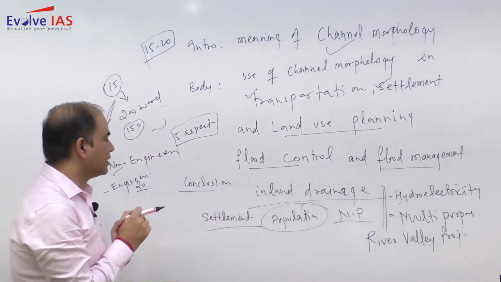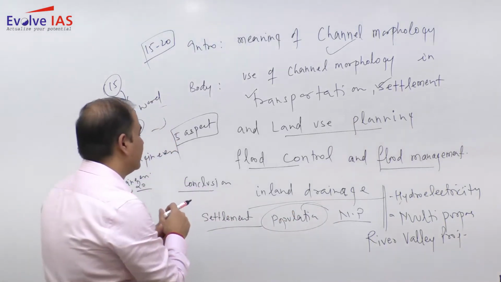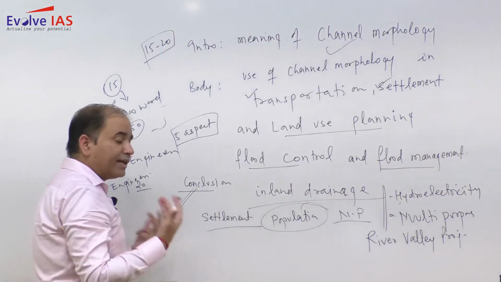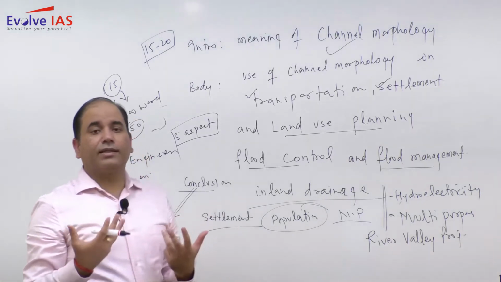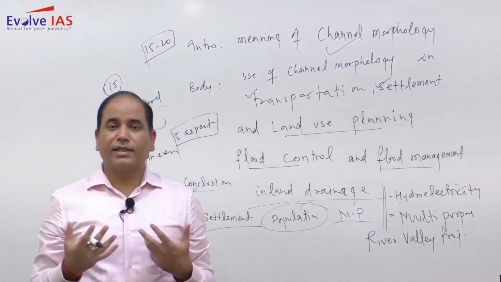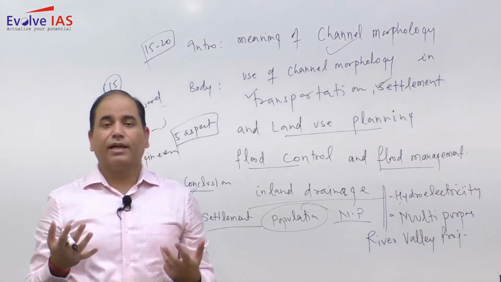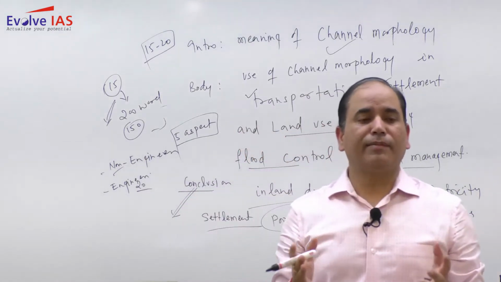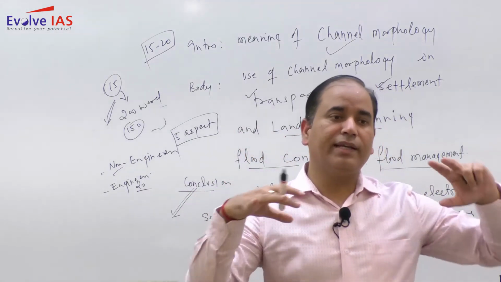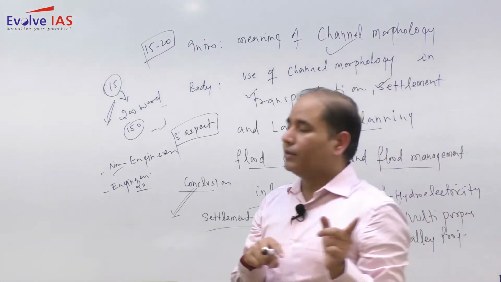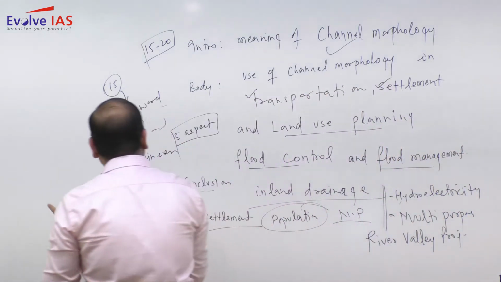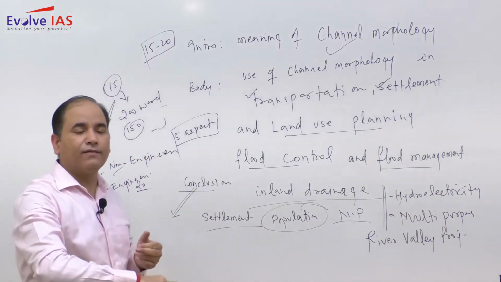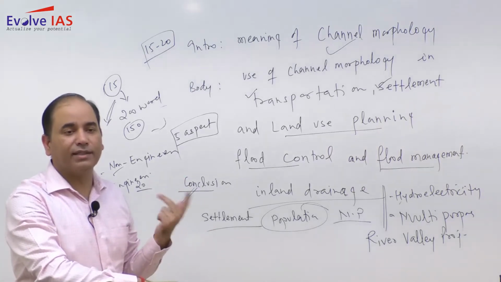Now coming to the conclusion part, you can write that in the present time, for a country like India, water is one of the most precious things, because India is an agriculture-based country, and in an agriculture-based country almost 90% of the water requirement is for agriculture. So in other words, you can say agriculture highly depends on water. So water is very important, and from that perspective the knowledge of channel morphology is highly helpful in the economic development of that region.